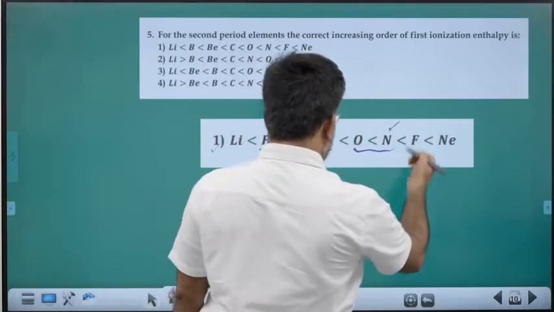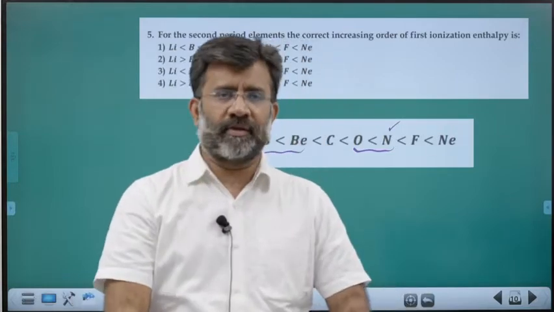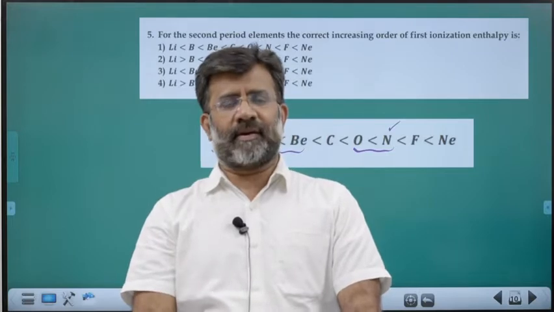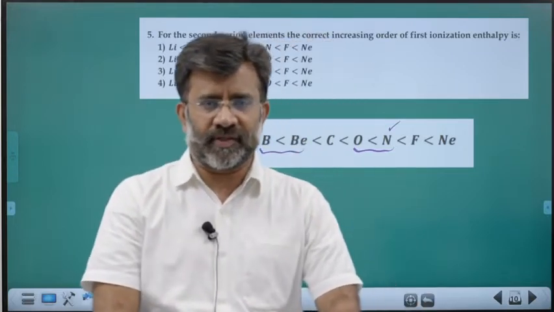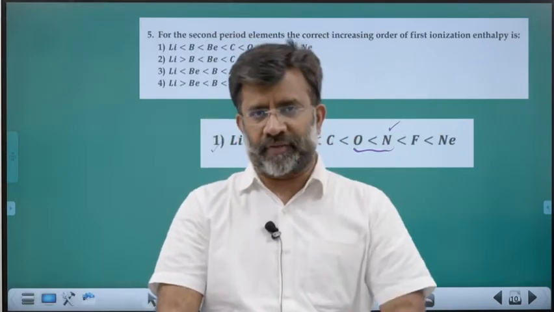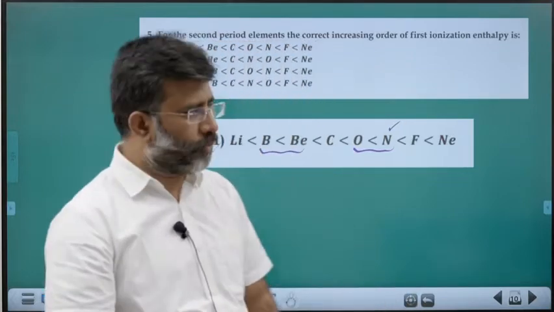You know why nitrogen is greater? All of you know the half-filled electronic configuration of nitrogen. Nitrogen maintains a half-filled electronic configuration, and half-filled and completely filled configurations are extra stable. Nitrogen having p3 configuration takes nitrogen to a slightly greater value.